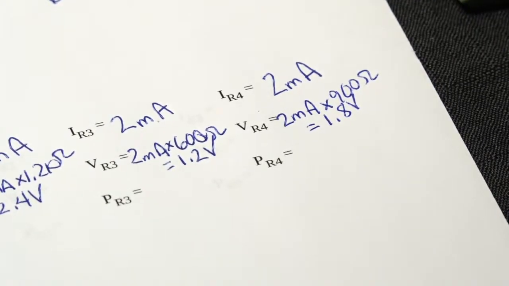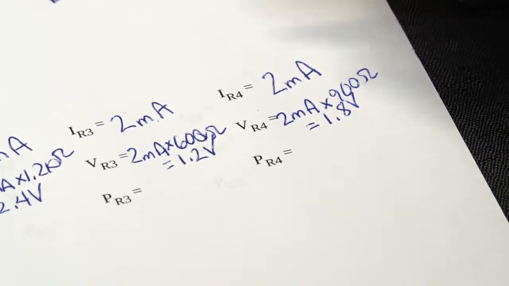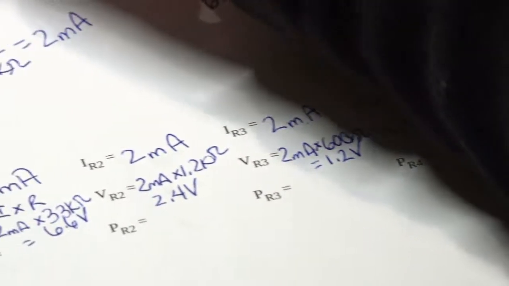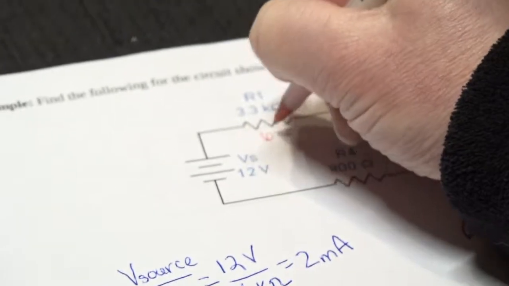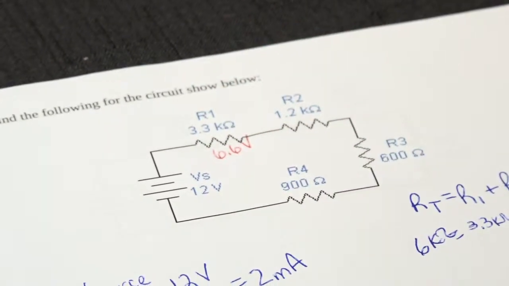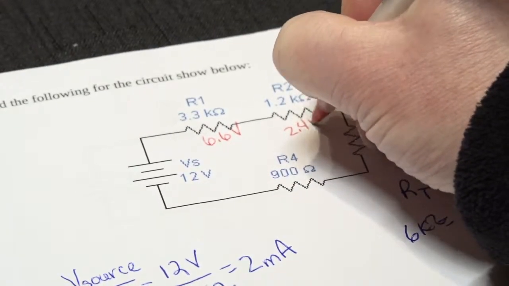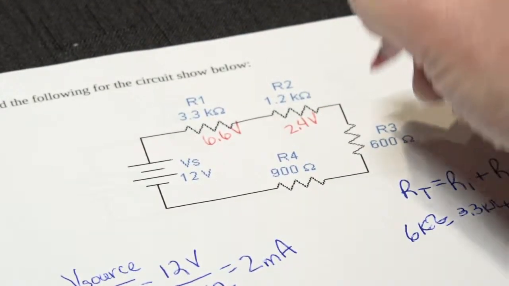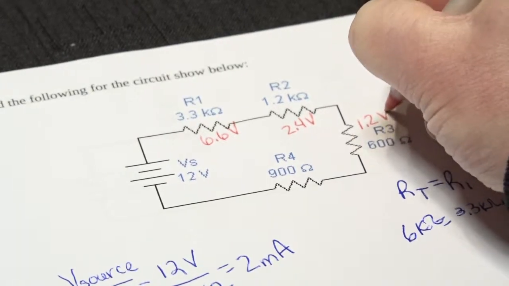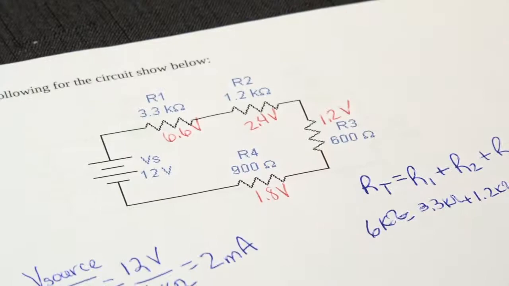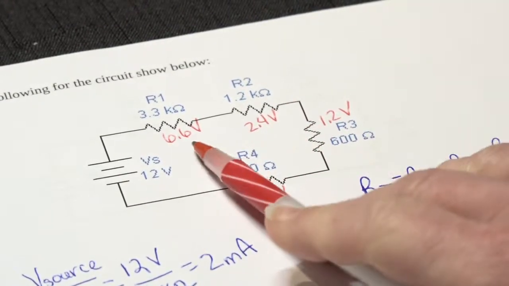Now, we need a little gut check here because we had said, and I'm just going to go ahead and write those values right up here. So we had calculated, this is 12, so we have 6.6 volts here. We have 2.4 volts here. We have 1.2 volts here. And we have 1.8 volts here. So let's go ahead and add these up.